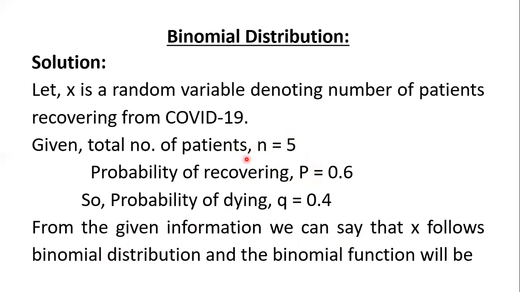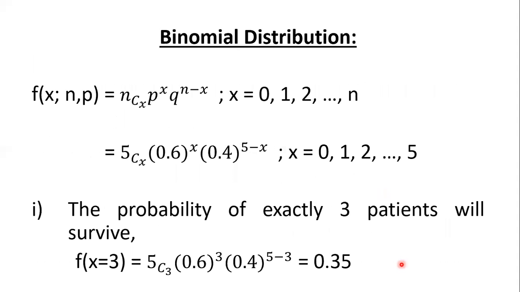So the problem follows binomial distribution and the probability function will be f of x equal to nCx p to the power x q to the power n minus x, where n equal to number of trials, p equal to probability of success, q equal to probability of failure, and x is the number of successes.